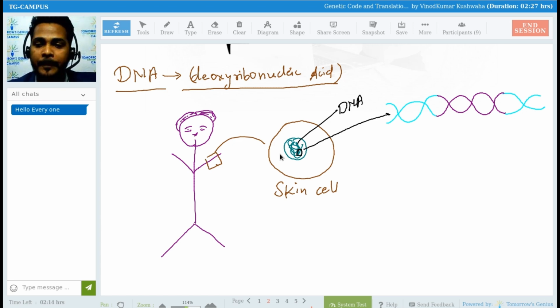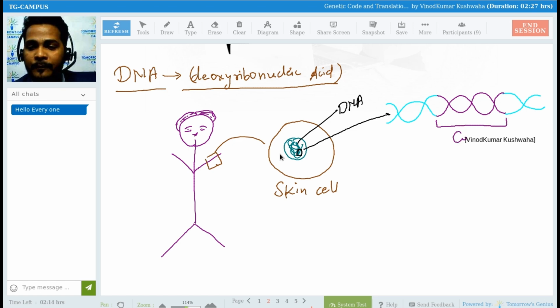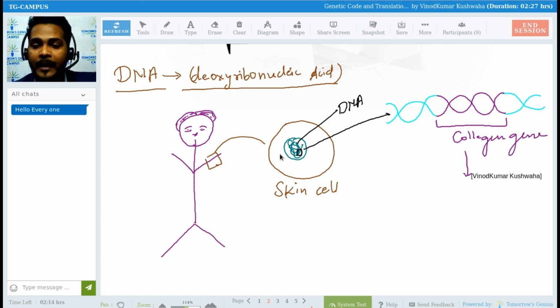So you know that in our body, this particular segment, I can call it collagen. So this is a gene. This is the gene for collagen. Okay, this is the gene for collagen.